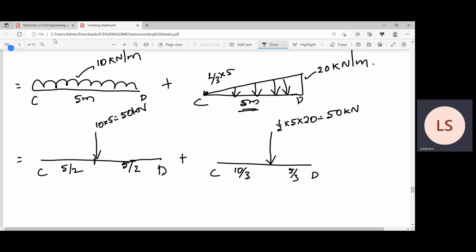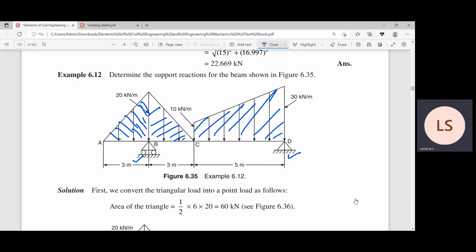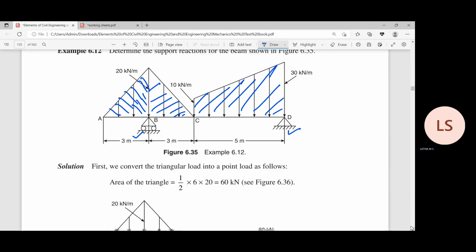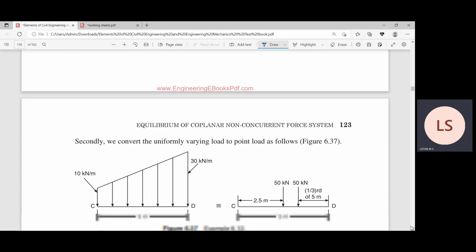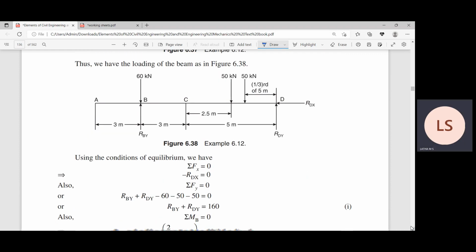Once you do all this, you can represent it in the form of a free body diagram. This is how it appears. At the roller support, you find only one reaction. At the hinge support, you find two reactions.